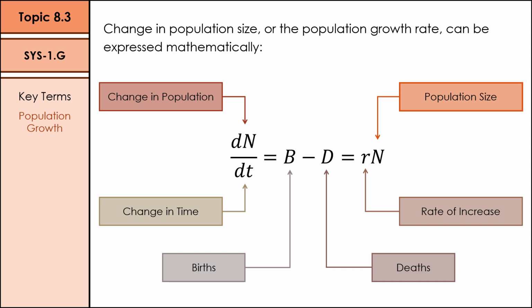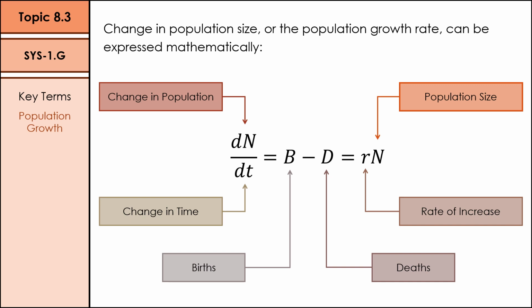And that is going to be equal to the number of births, or individuals who are added into our population, subtracted by the number of deaths, or individuals removed from our population. Together, individual births and individual deaths make up our rate of increase, which we can multiply by our population size.